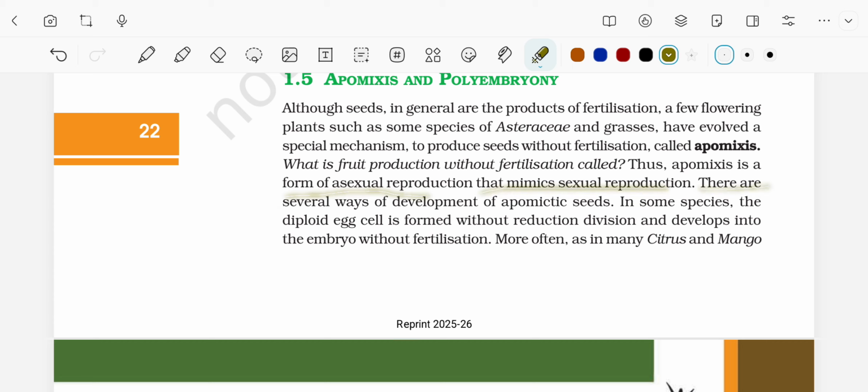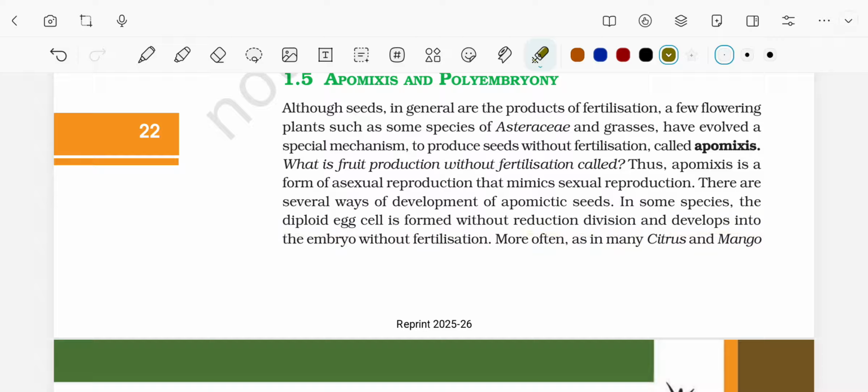There are several ways of development of apomictic seeds. In some species, a diploid egg cell is formed without reduction division and develops into the embryo without fertilization.